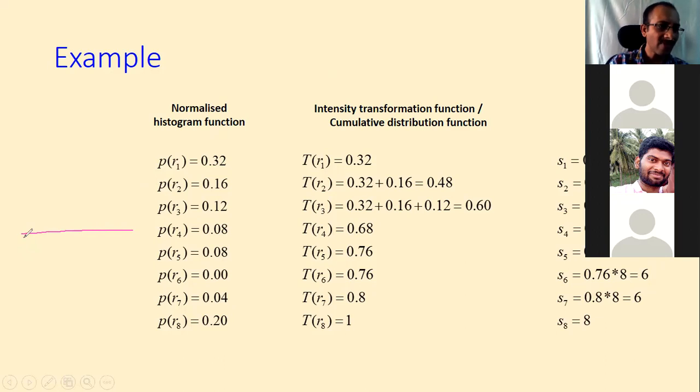Say for example, here intensity 1, and here intensity 8. How many ones are there in the previous matrix? 8 ones are there.